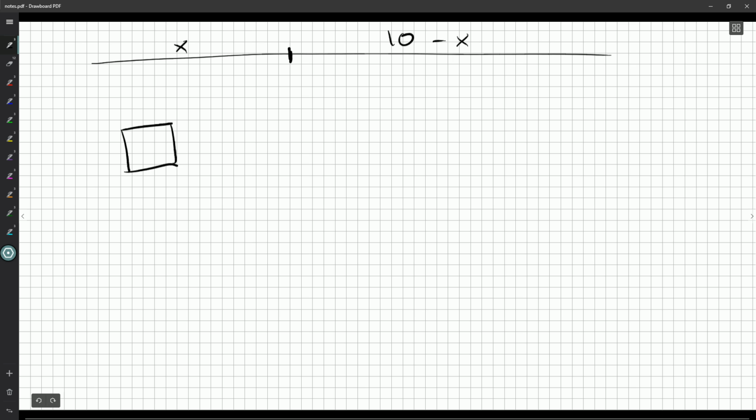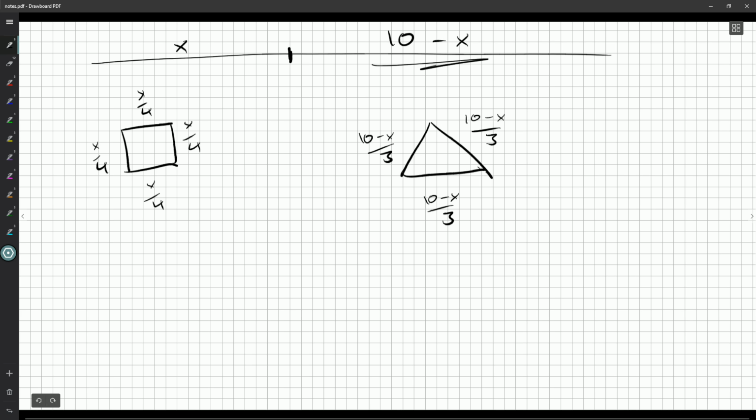So the wire becomes the perimeter of the square, and so the sides of the square, well, there's 4 sides, all the sides are the same length, so we get a wire square of side length x over 4. Okay? And the rest of this turns into an equilateral triangle, the sides of which you can work out because they're all the same.